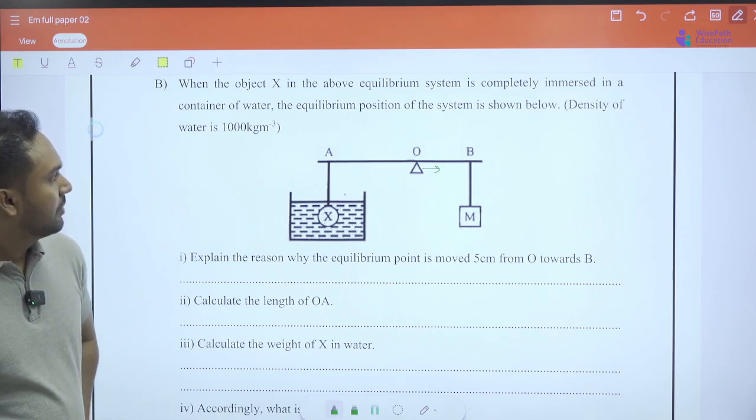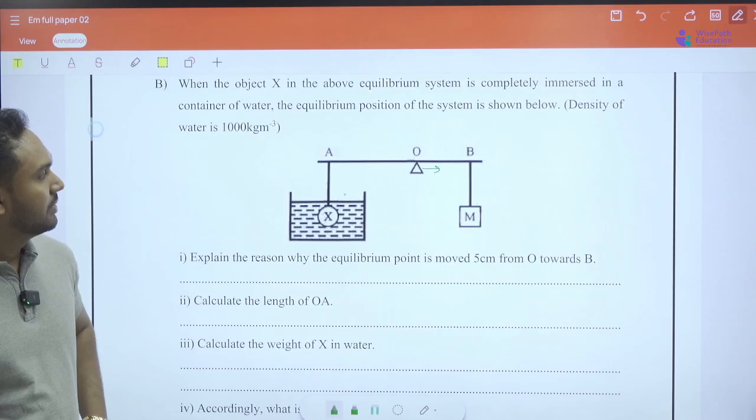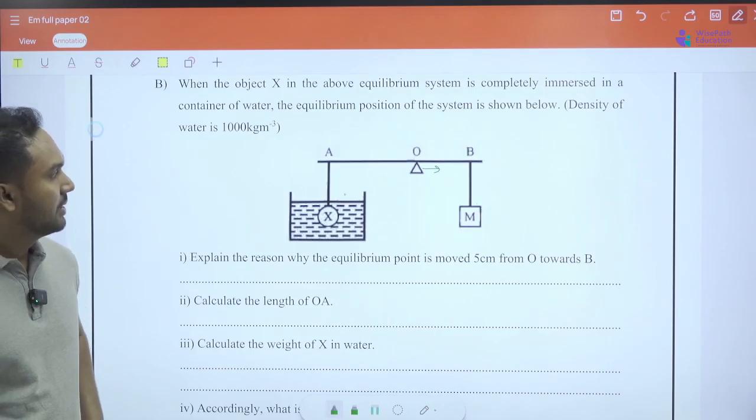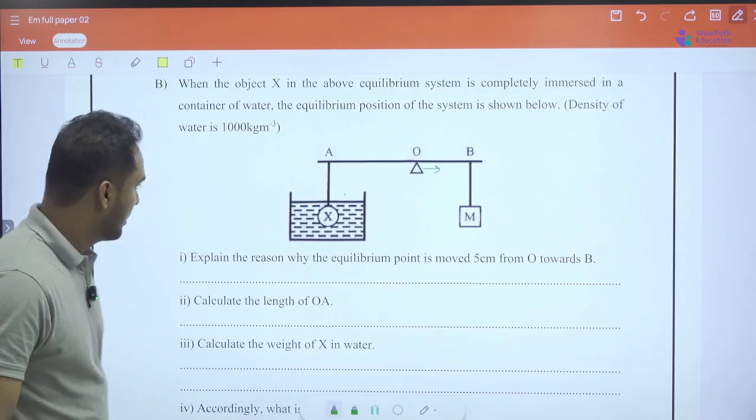Therefore, to even out the torque, the reduced torque from the M mass, the length should be reduced, right?